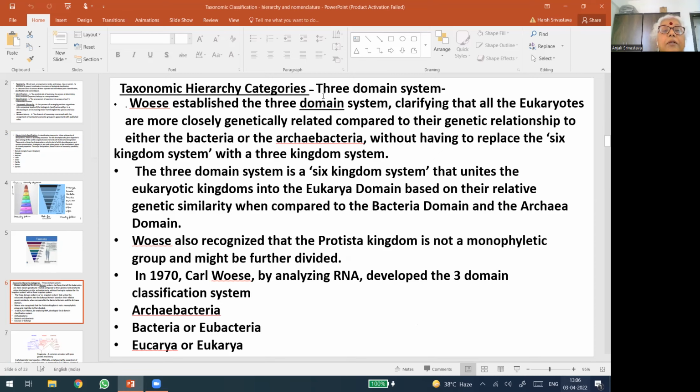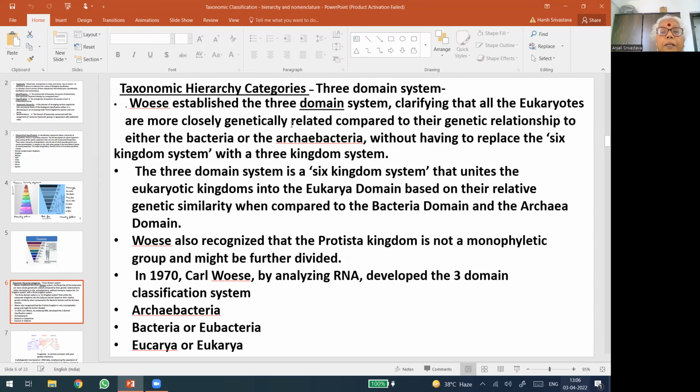Now these hierarchical categories of the taxonomic hierarchy follow the specific taxa or categories, starting with the three domain system that is now widely accepted. Previously the linnaean system of hierarchy started with the kingdom.